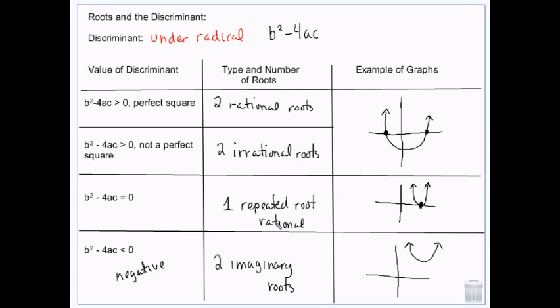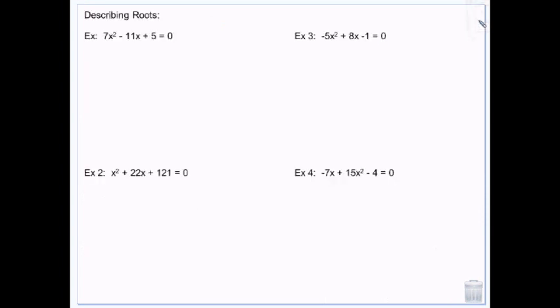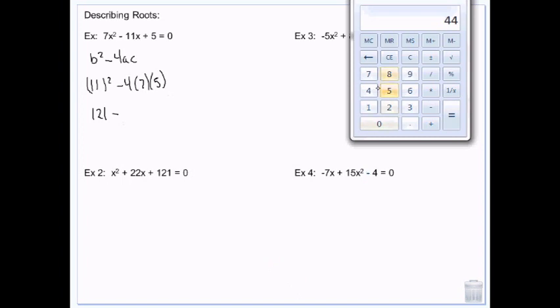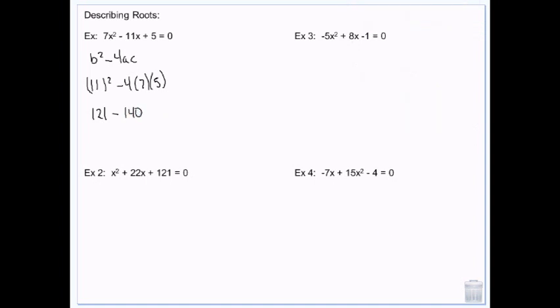Okay? What to do to figure that out is you take b squared minus 4ac. So I go, okay, 11 squared minus 4 times 7 times 5. So it's 121 minus 140.